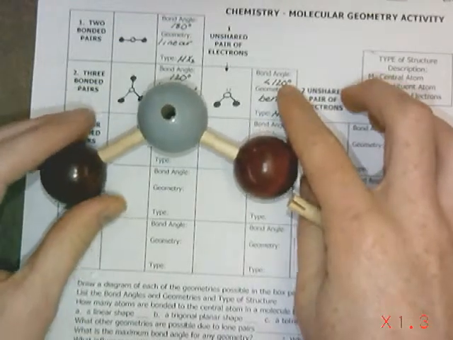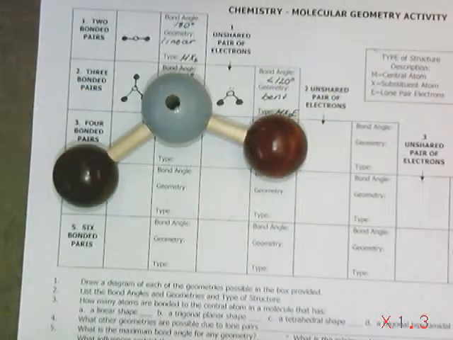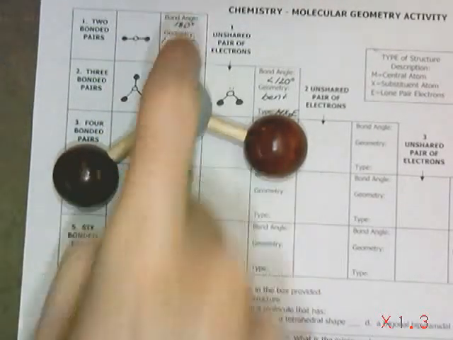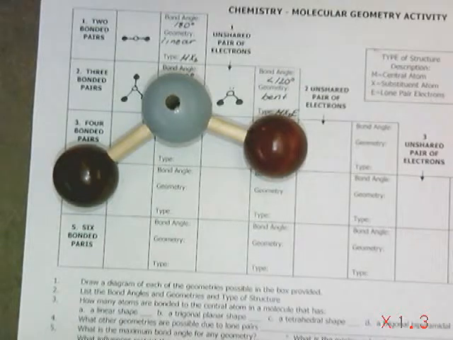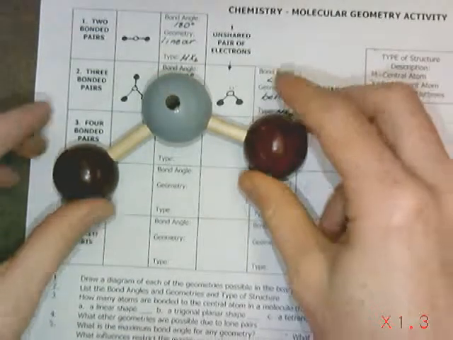Now, I think yesterday we wrote 104.5 degrees, but actually that is the angle when you have a bent molecule with 2 lone pairs. So the actual bond angle here is not important. The only thing that's important is that you know that it's less than 120 degrees because the lone pair is exhibiting more of an electronegative force on the bonded pairs.